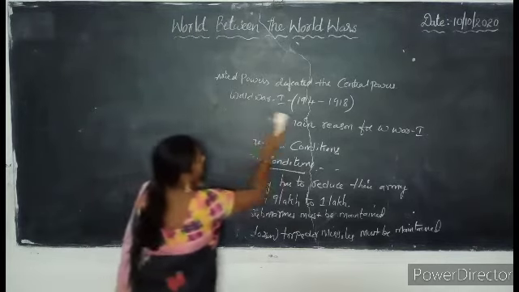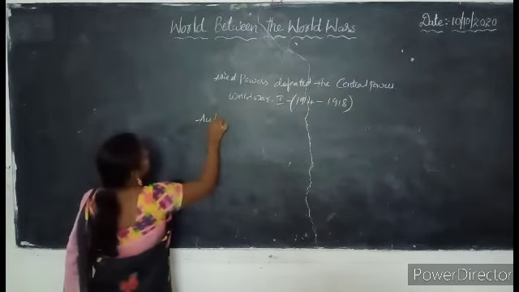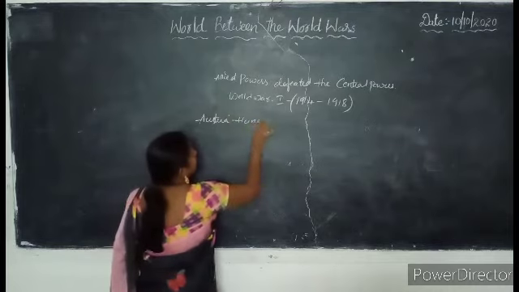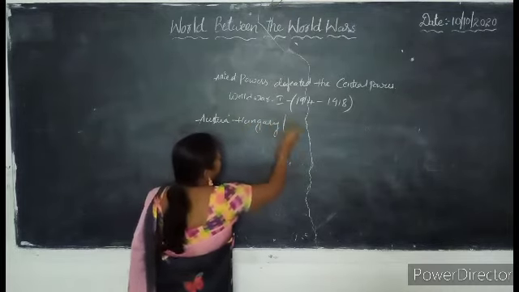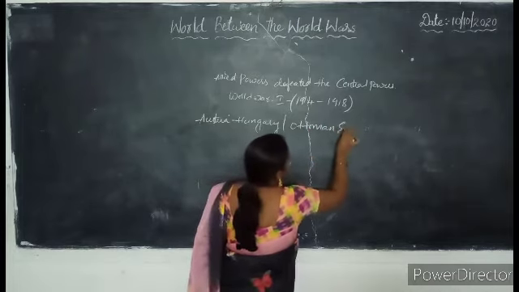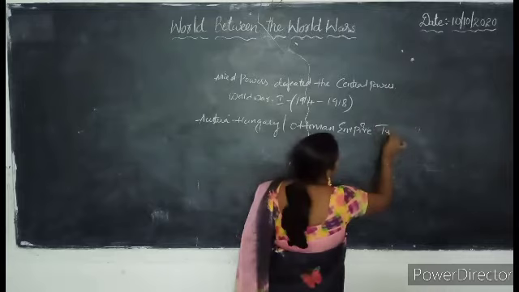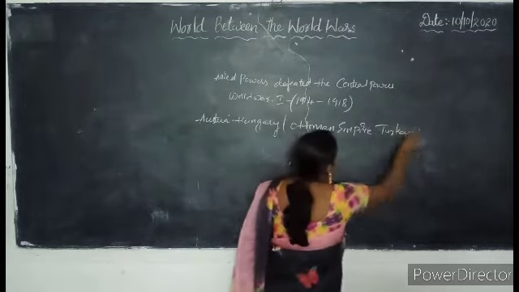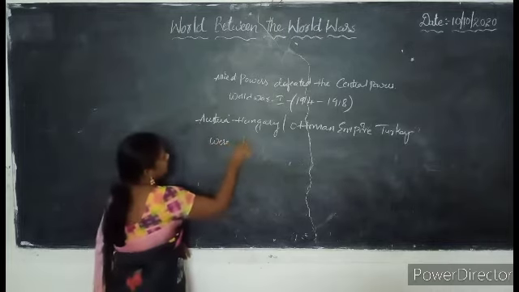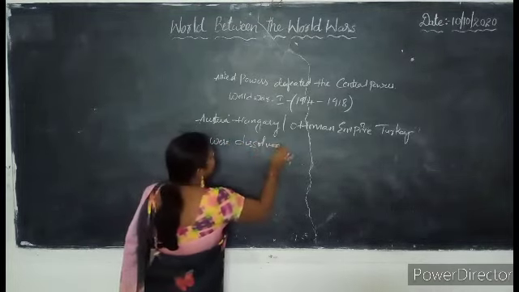the Ottoman Empire, Turkey also. Austria-Hungary, the Ottoman Empire and Turkey were dissolved.